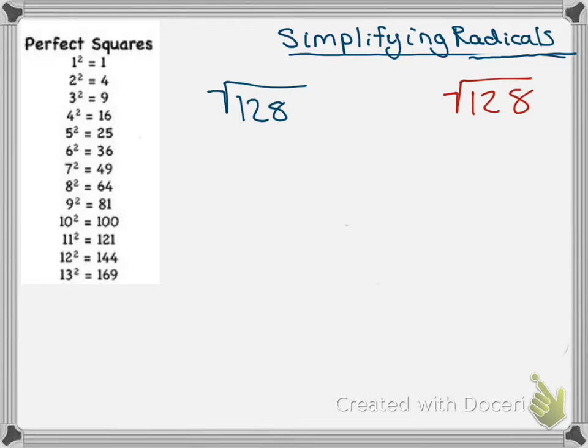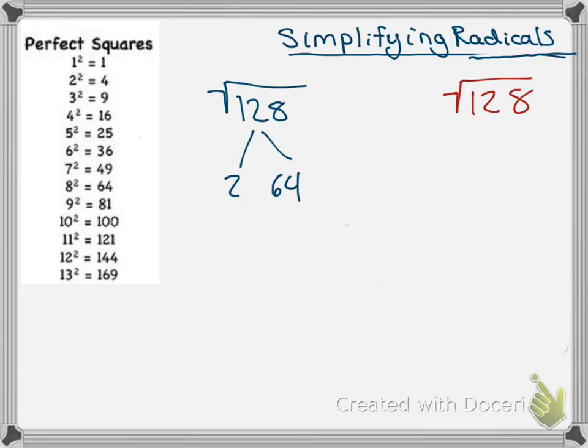So I'm going to start breaking this down into factors. And this was in a previous video, how to use a factor tree to simplify these radicals. So I know that 2 will go into 128. And it goes into 128 64 times. So 2 and 64 are factors of 128.